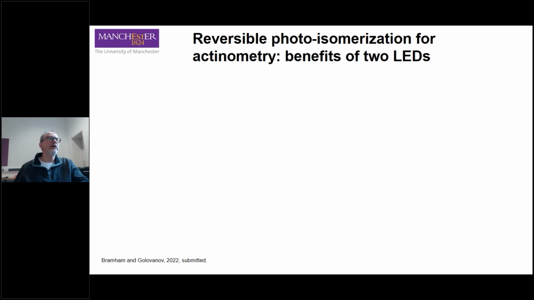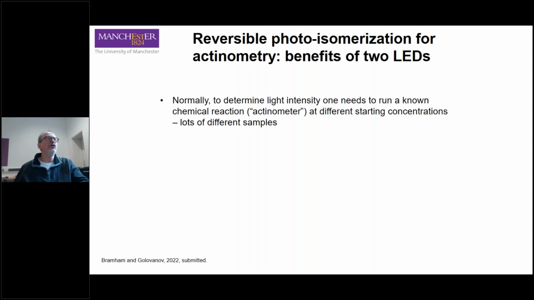So let's look at another example of a photo switch, which can be used as an actinometer, able to quantify light inside the NMR sample. Here, the ability to use two LEDs at once is extremely beneficial. Normally, to determine light intensity, one needs to run a known chemical reaction with known quantum yield, repeating it at a different starting concentration.